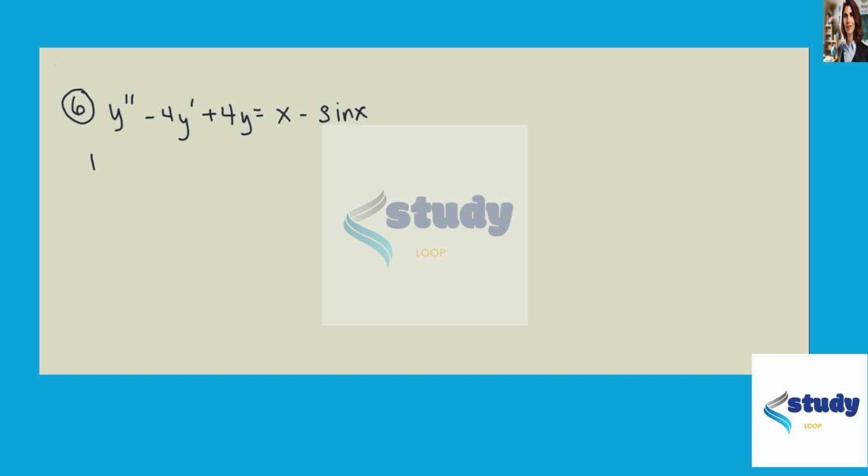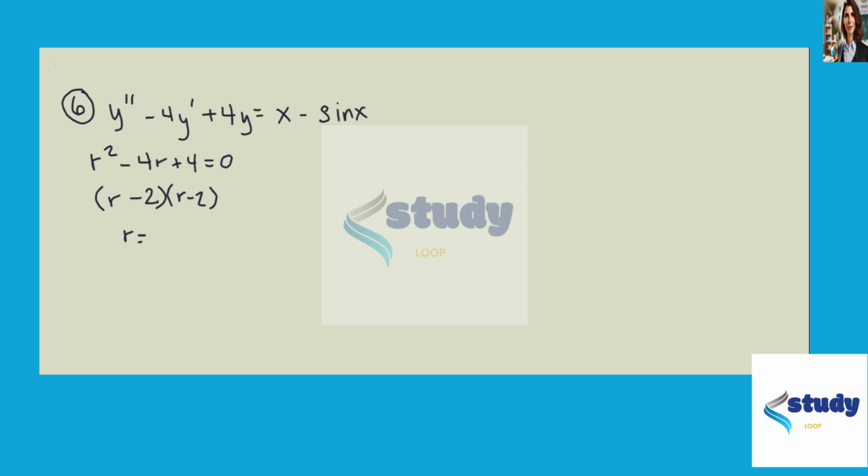So here I change it to r squared minus 4r plus 4 equals 0, and that factors nicely into r minus 2 times r minus 2.